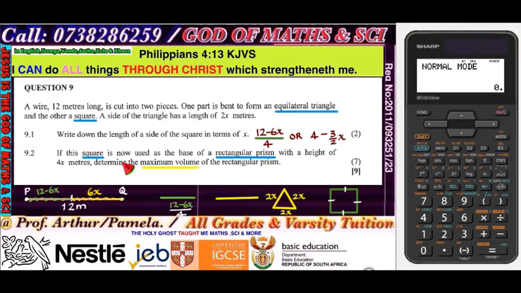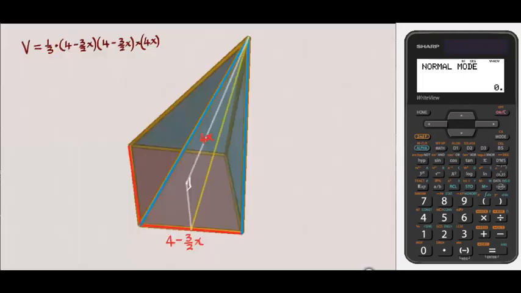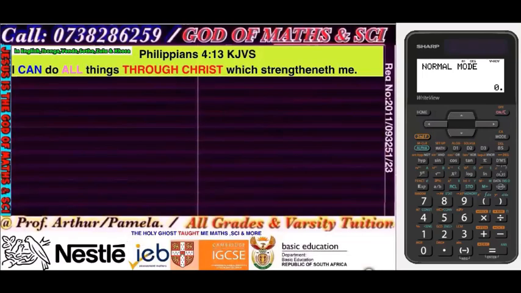All right, but it says determine the maximum volume of the prism, 7 marks. All right, so I need to simplify this so that I can derive that equation. So I'm gonna take this over to the other side, and let's place it right here. Might not be able to see that. You can see that equation.